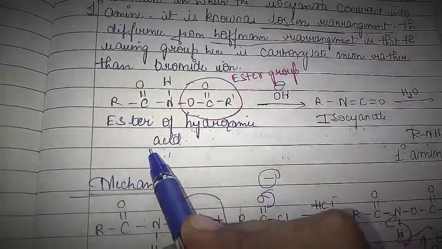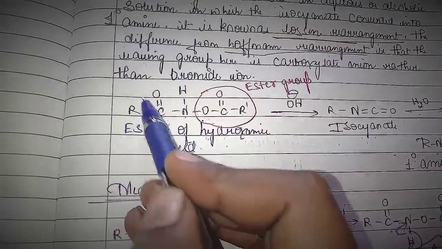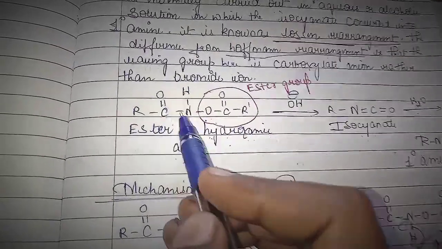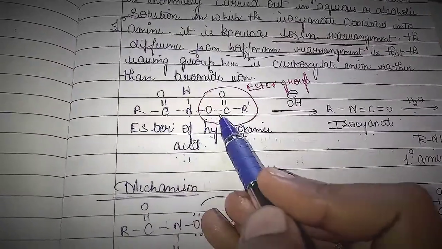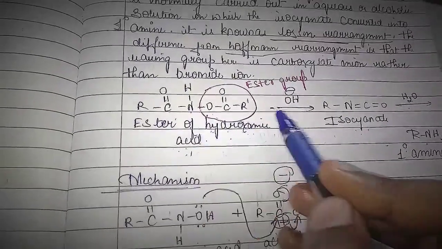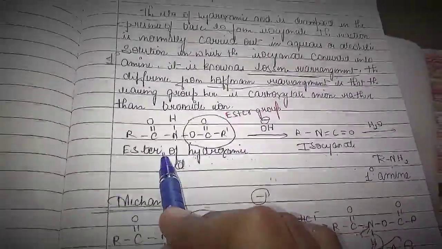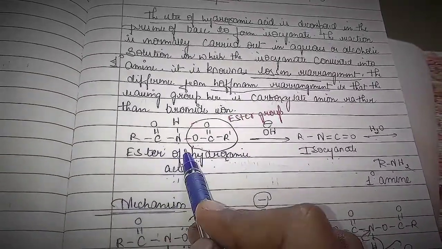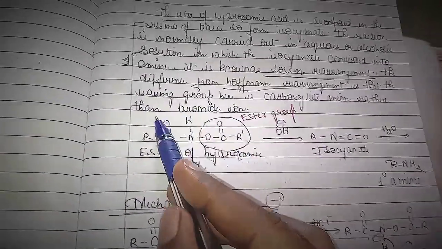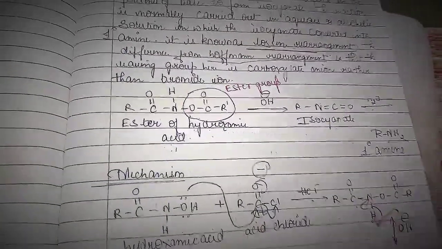Here the reagent may be anything, meaning the R group may be anything. First we should understand whether the C double bond O NH O C double bond O R is present or not. If it is present, and if NaOH or any base is given, we should understand that this is a Lossen rearrangement. Immediately this whole group we should skip and we should write RNH2. This is only the product.